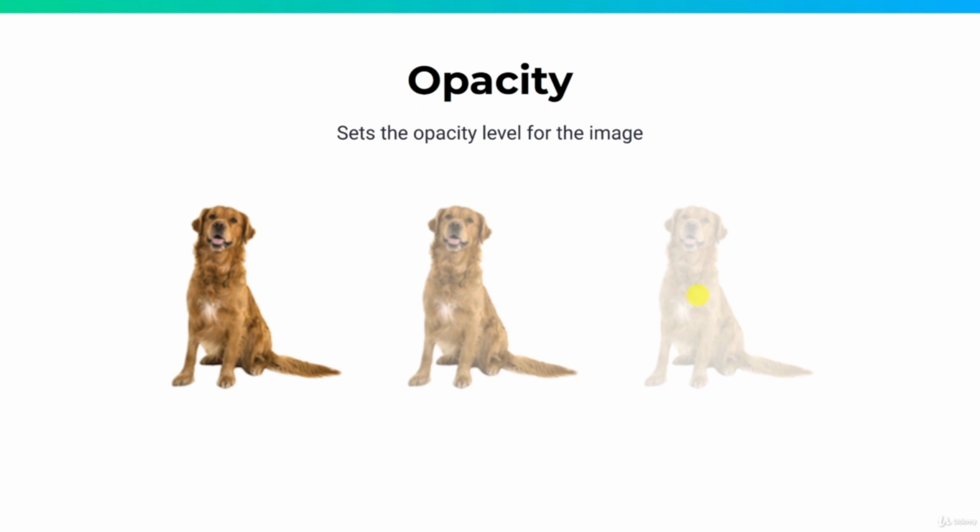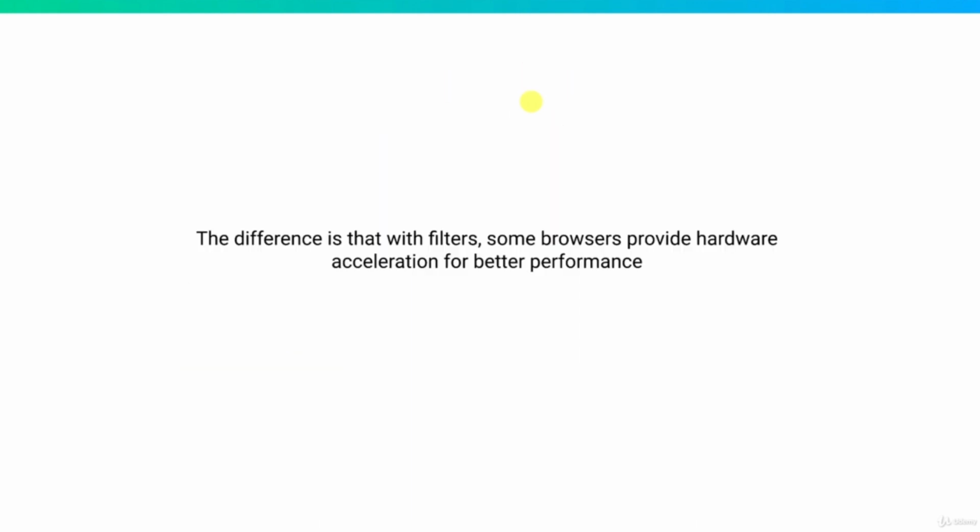So by now you might be thinking, what is the difference between this opacity function and the opacity property that we have already been using for more than a decade, which is more established and well adopted? Well, they are exactly the same, except for one simple difference: with filters, meaning the opacity function, some browsers provide hardware acceleration for better performance.